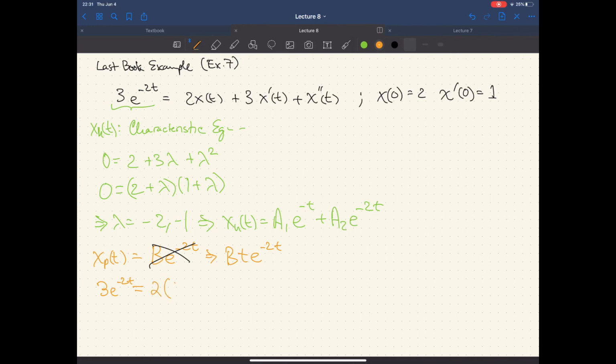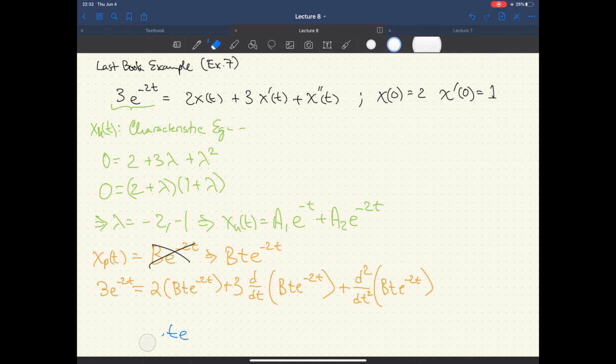So 2 times bt e to the minus 2t plus 3 times the derivative of bt e to the minus 2t plus the second derivative of bt e to the minus 2t. I'm not going to solve this out all the way here. Suffice it to say, it's in the book. You end up with the following. Oops. Got a little bit ahead. Sorry about that.